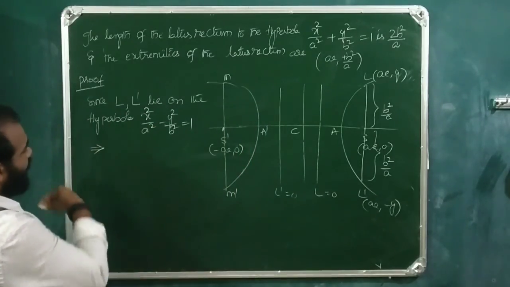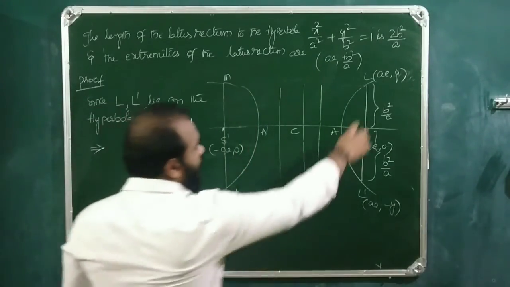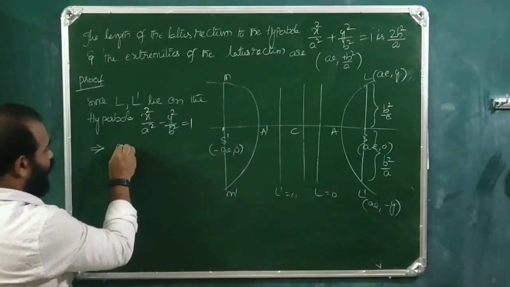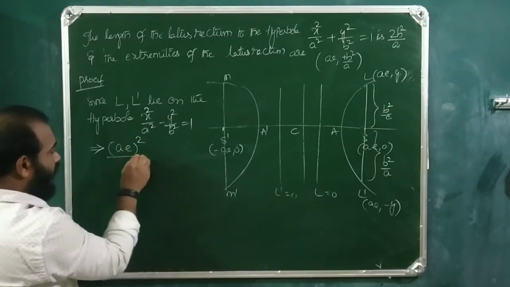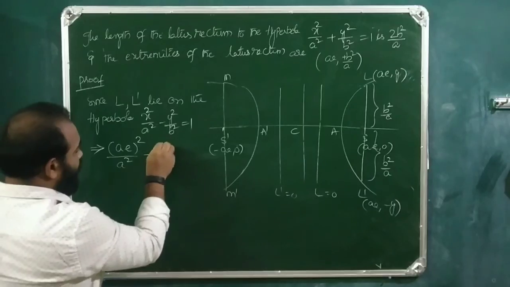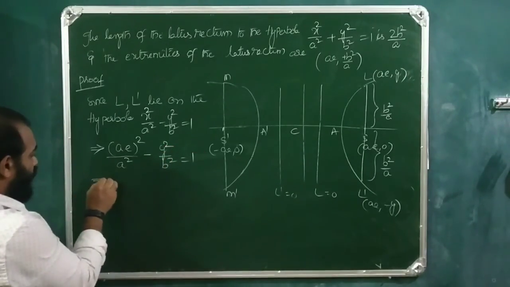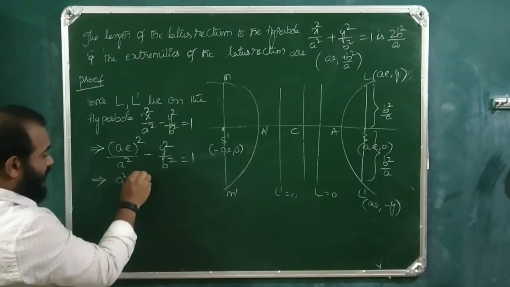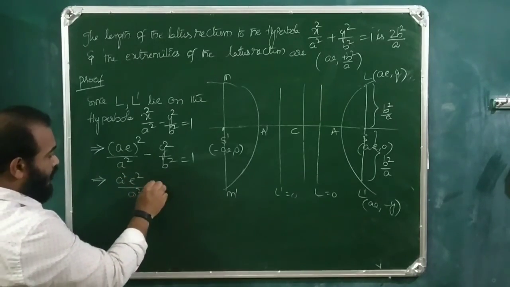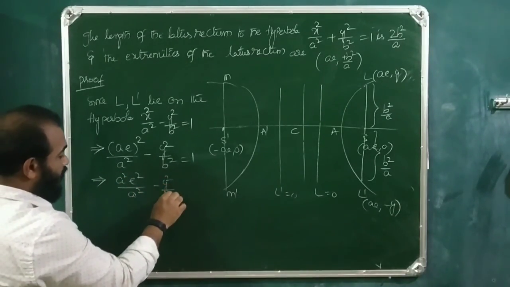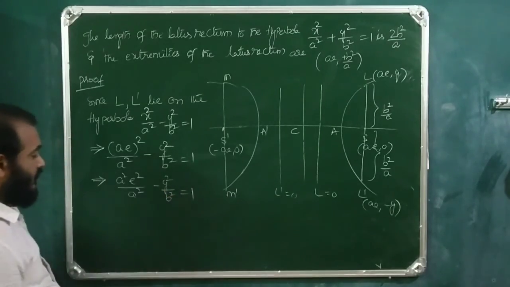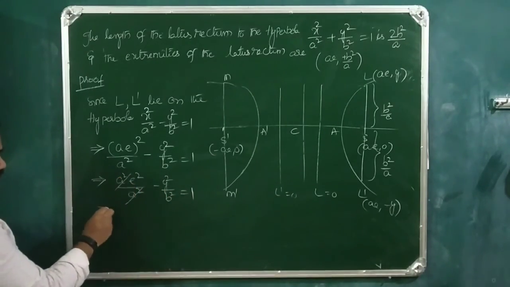This is the value of x is AE. So AE whole square by a square minus y square by b square equals to 1. So this is a square e square by a square minus y square by b square equals to 1. A square gets cancelled.